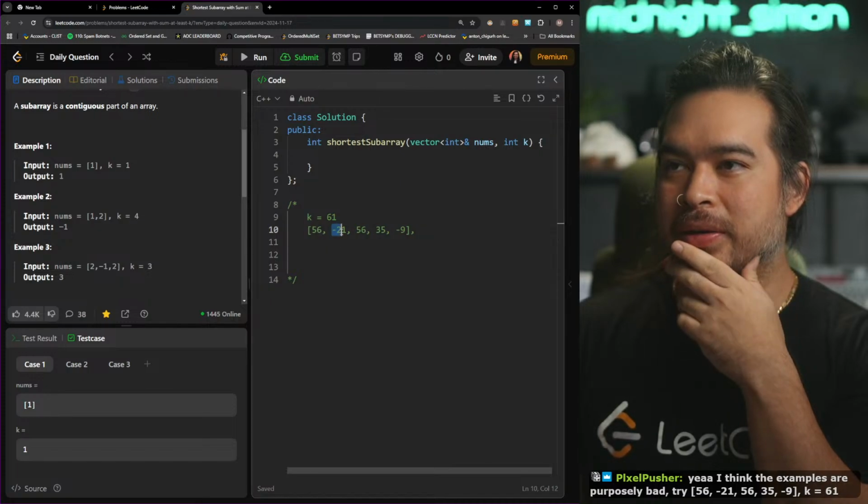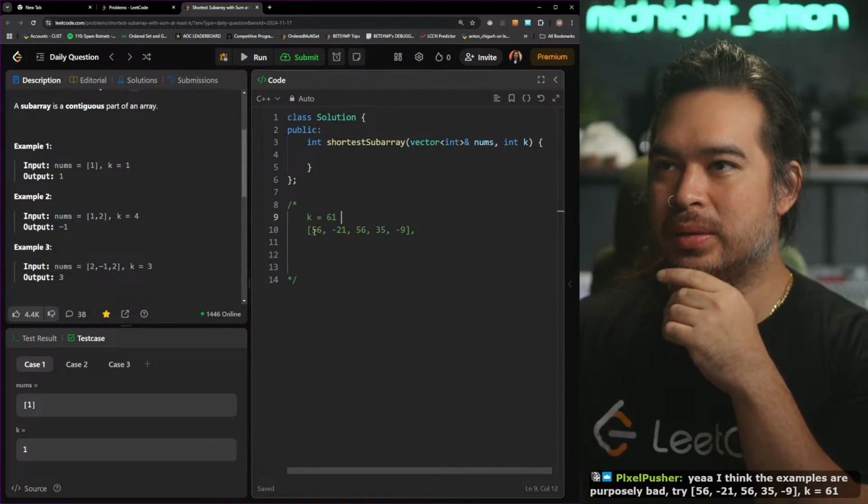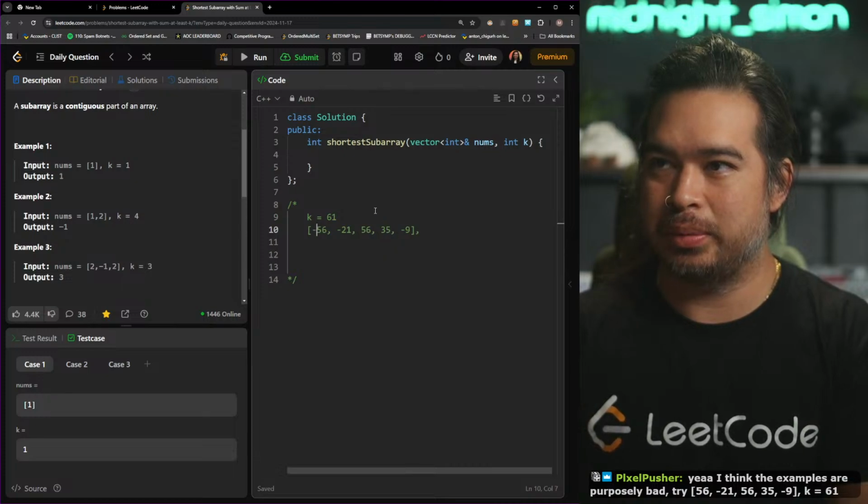Oh, maybe binary search doesn't necessarily work because, let's say we guess 3. I'm just gonna change this example a bit. So the answer is clearly like these 2 things.